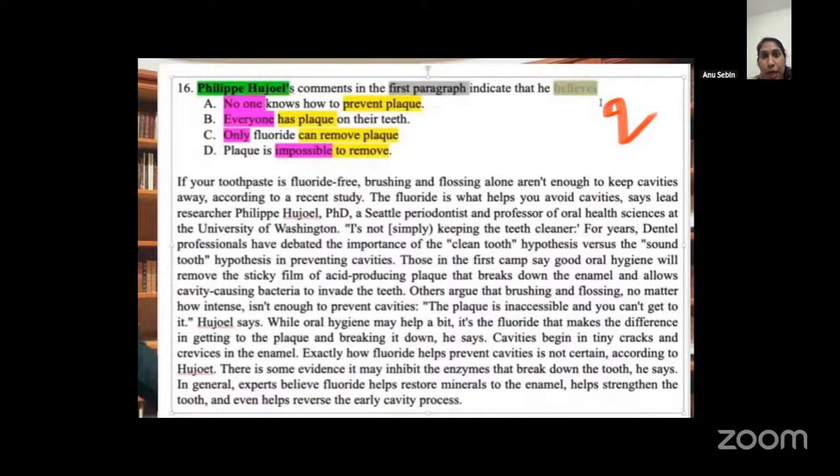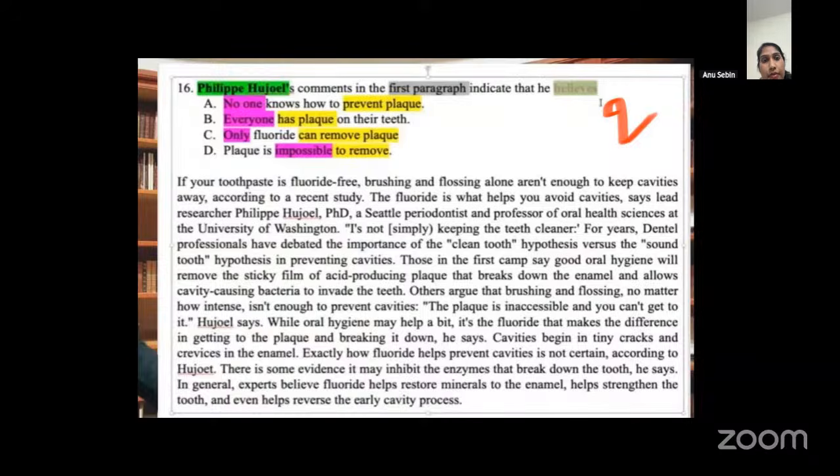And D, to remove. Moreover, we have to find differentiating hedging words. In option A, the differentiating hedging word is no one. B, everyone. C, only. And D, impossible. These are all absolute. But since this is an opinion, everyone can say their opinion, so with all absolutes we can't eliminate.